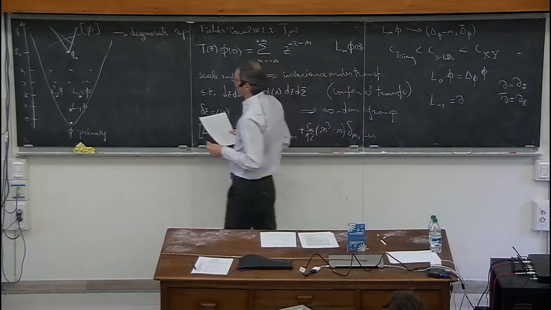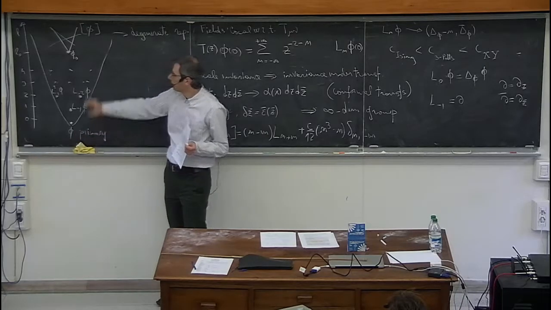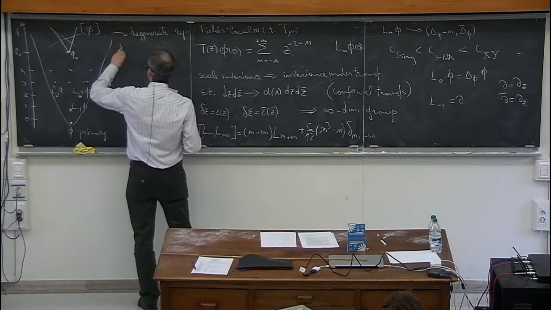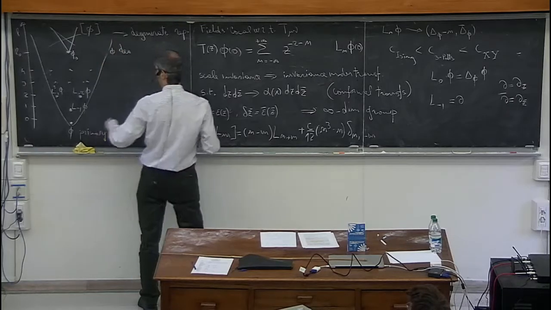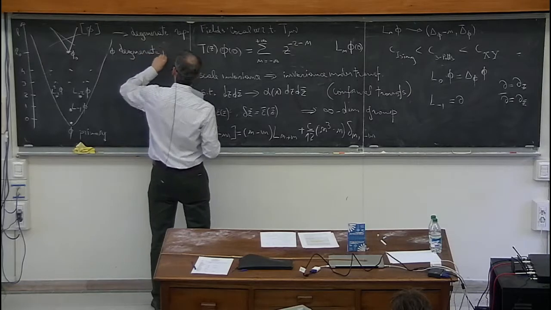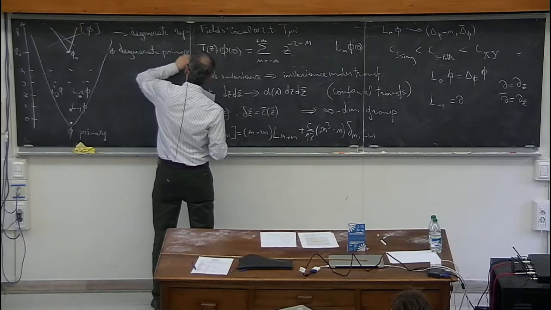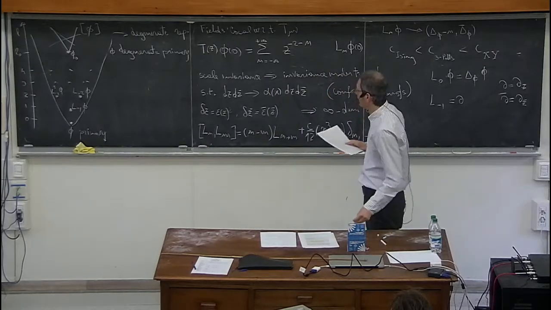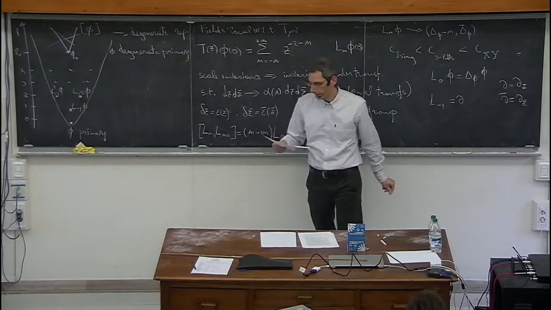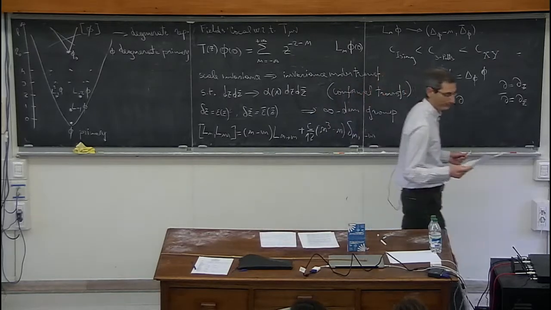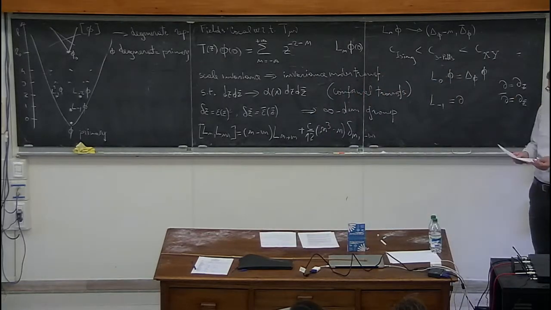And so the primary here obtained after this procedure is called the degenerate primary. So phi, in this case, is called the degenerate primary. Okay, so I say this now because I will mention these degenerate primaries later on.